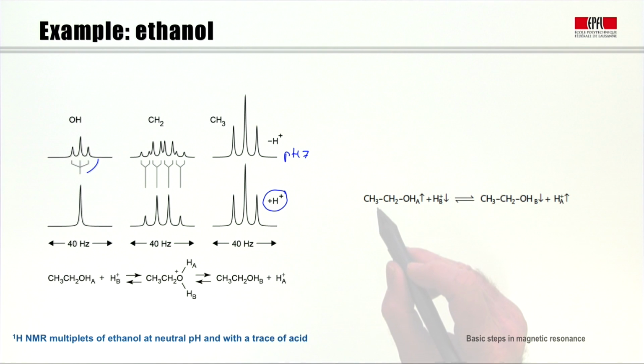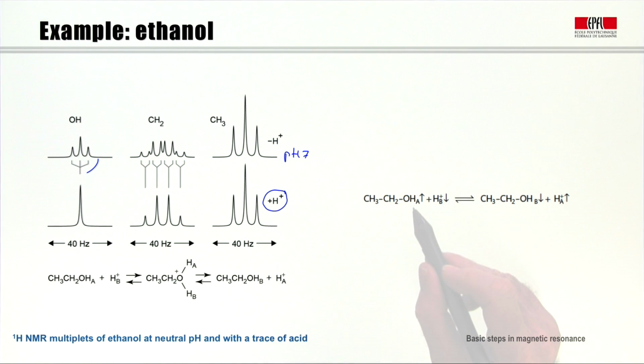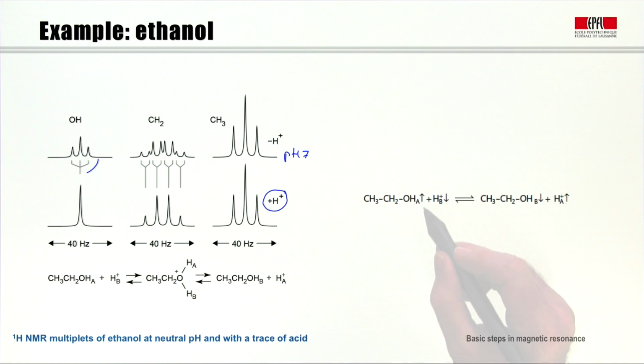The answer is, if we consider a simple molecule, a monomeric form of ethanol, we may have a proton called A attached to it, which may well have a polarization which is parallel to the magnetic field, which we could call alpha. And the external proton, the one that comes from the water or from the acid, would be called proton B, and that in this hypothesis has the opposite polarization, namely beta.